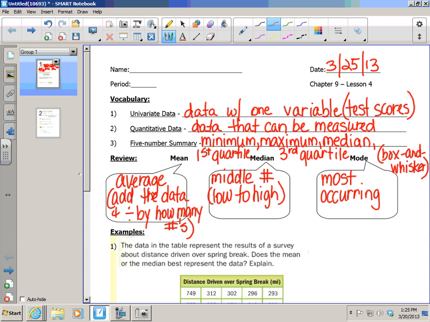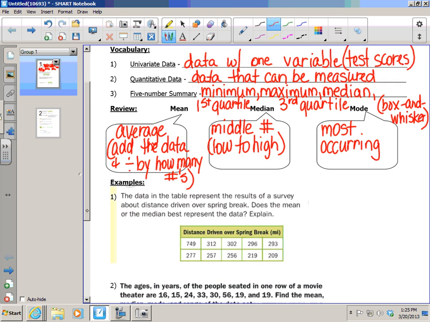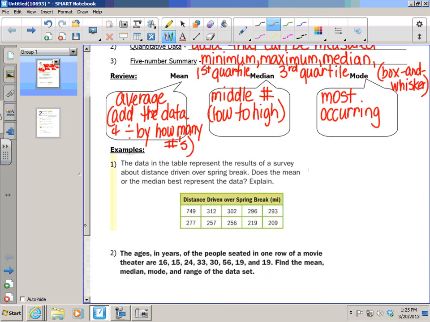For example number 1, it says the data in the table represents the results of a survey about distance driven over spring break. Does the mean or the median best represent the data and explain? So I went and I found the mean and the median to decide. The median was the middle between 277 and 293.